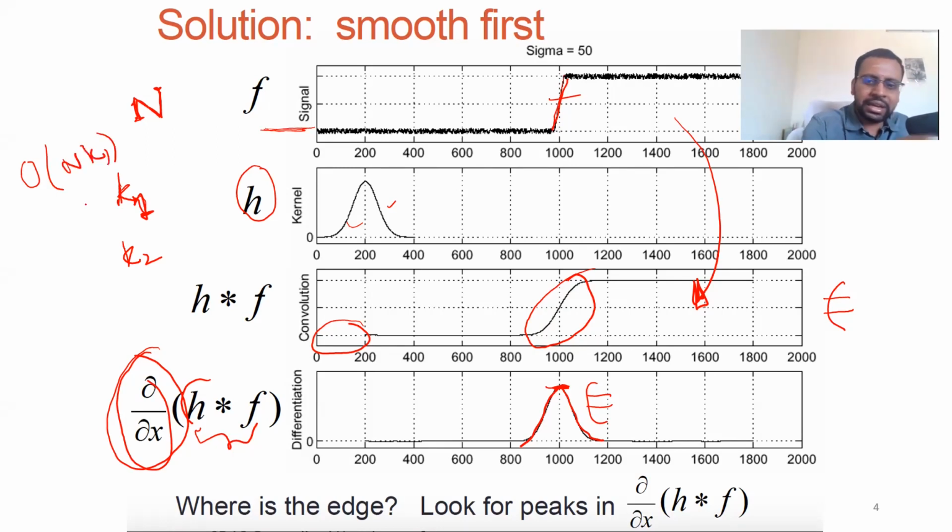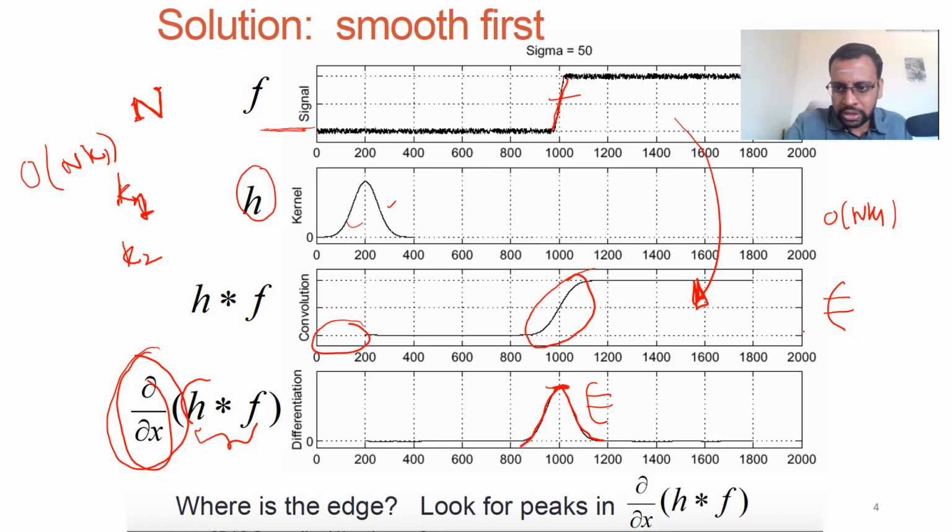To arrive here, this is order of n times k1, because at each pixel you put this kernel and multiply the respective elements. Your kernel size is k1, so there are k1 multiplications and k1 minus 1 additions. Compared to additions, multiplication is critical, so I'm just taking the multiplication part.